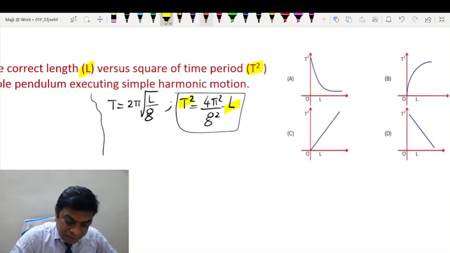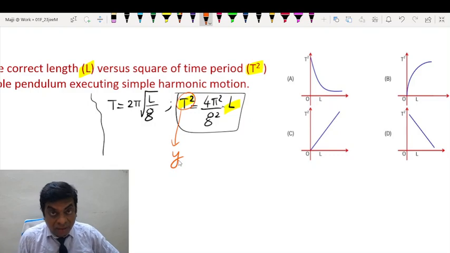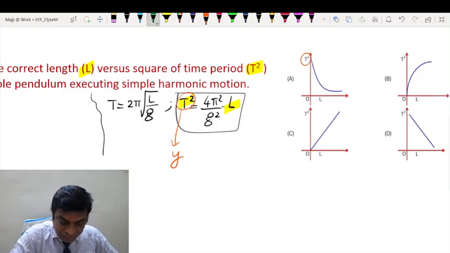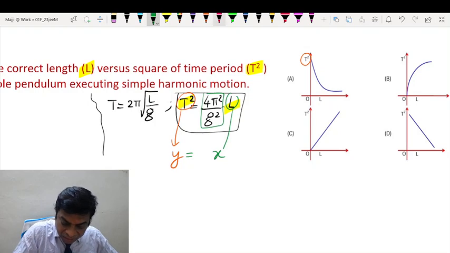Then the second step is, since T square has been taken along the y axis, replace T square with y. Similarly, L is plotted along the x-axis, replace L by x. And if other things are constants, write some constant here.